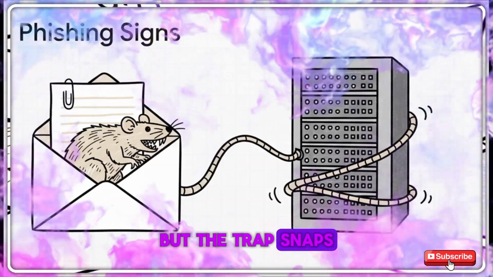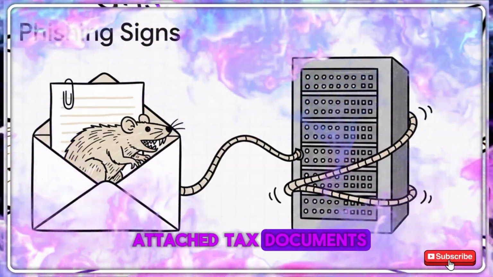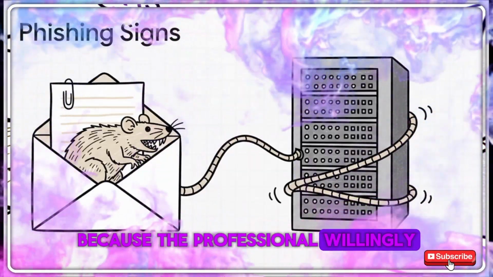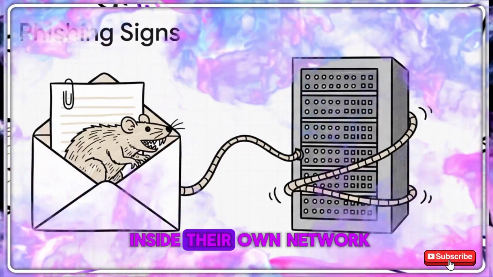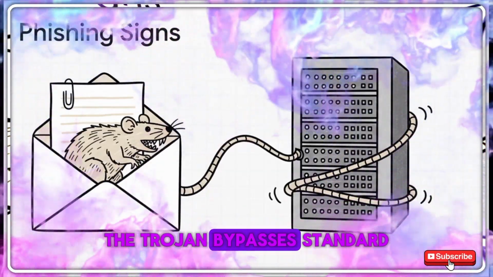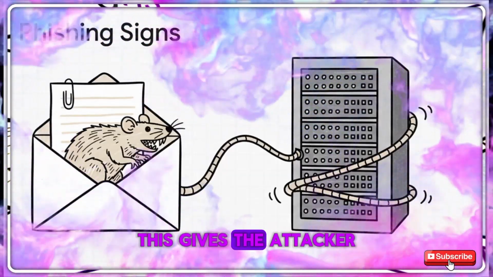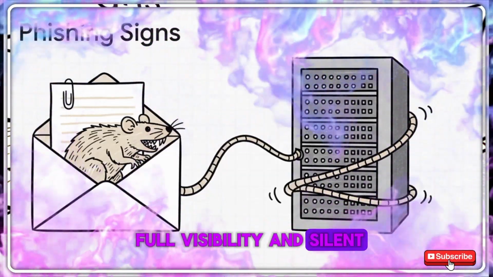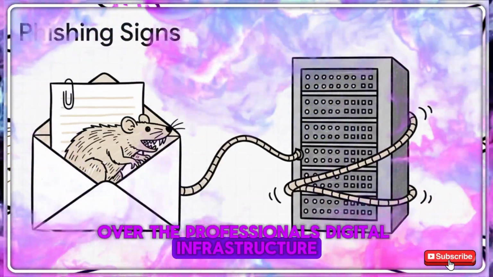But the trap snaps shut the second the professional opens the attached tax documents. Because the professional willingly, albeit unknowingly, executes the payload from inside their own network, the Trojan bypasses standard external firewalls entirely. This gives the attacker full visibility and silent, unchecked control over the professional's digital infrastructure.